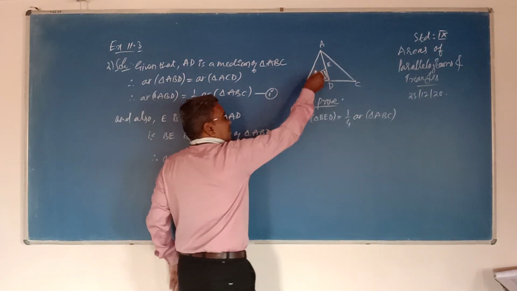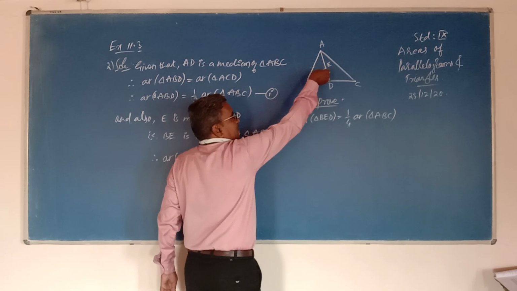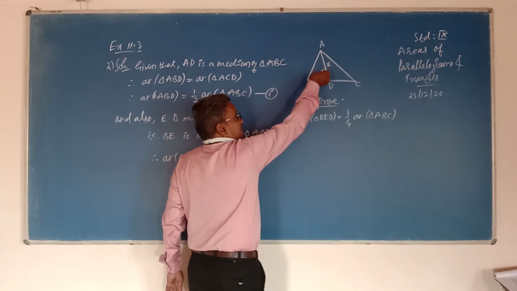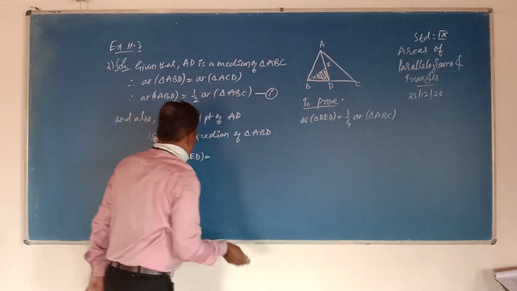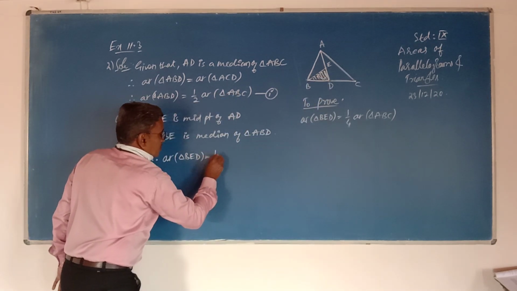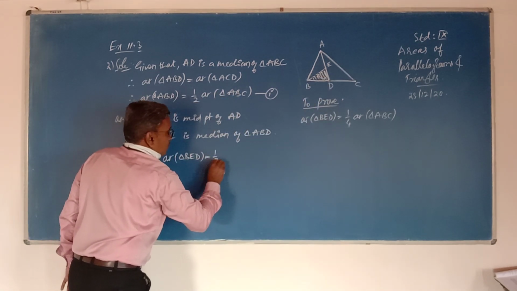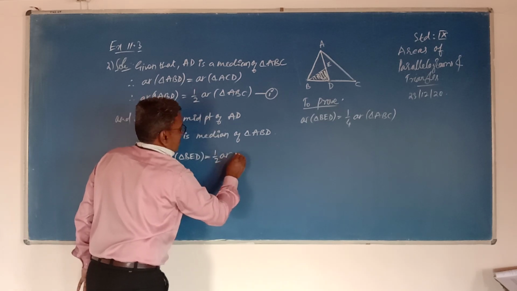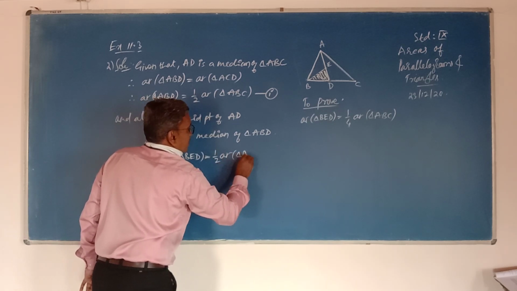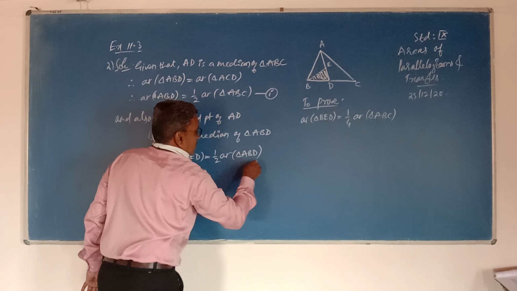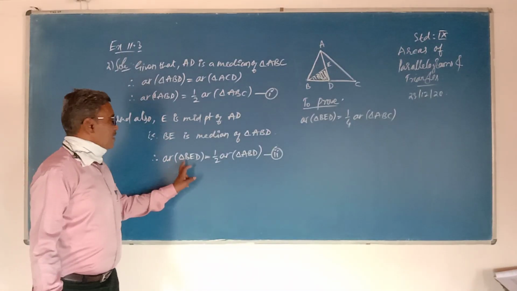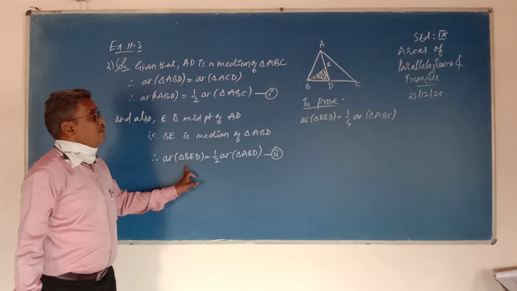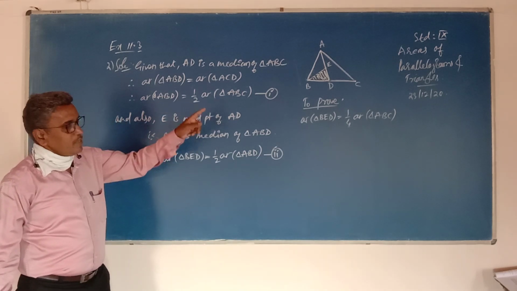It means area of triangle BED is half of ABD, that is, half of the area of triangle ABD. Correct? For this equation number 2, area of triangle BED is half the area of triangle ABD.